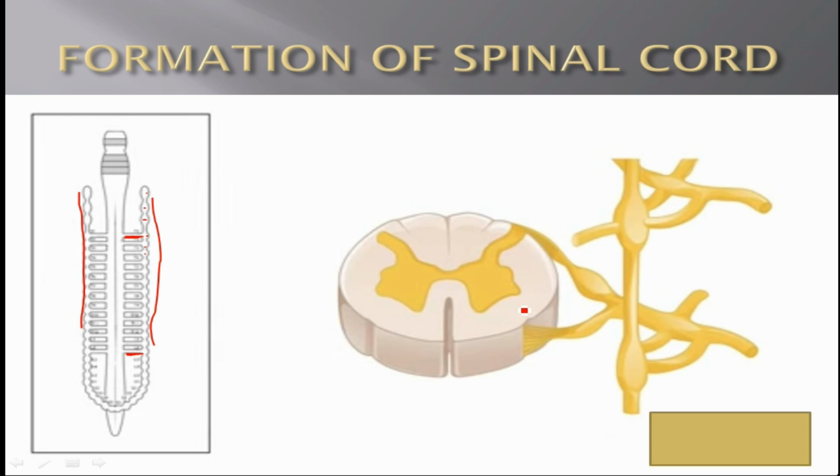So how are these formed? Let's see. This is the dorsal root. Here is the dorsal root ganglion, and this is the ventral root of the spinal nerve. And here they combine and form the spinal nerve. We know that the sympathetic and parasympathetic fibers come from the ventral root of the spinal nerve.